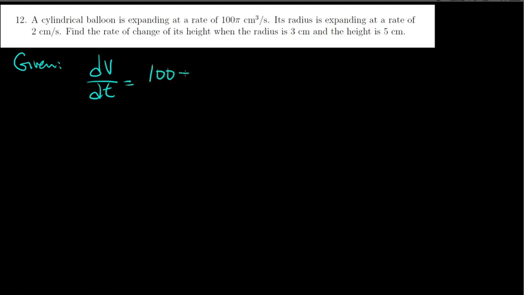It's 100 times pi cubic centimeters per second. Its radius is expanding at a rate of 2 centimeters per second. So the rate of change of the radius is 2 centimeters per second.